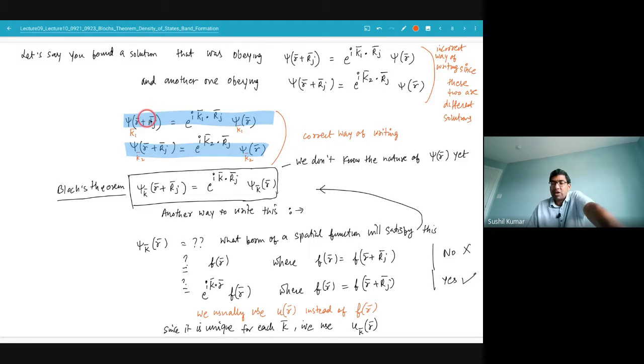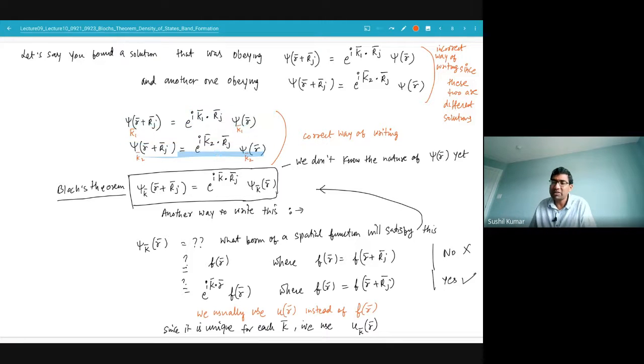Both are possible solutions to our crystal lattice problem, but they are not the same wave function. So for each k vector that we choose, we have a different solution. Those solutions are distinct. You cannot pick an arbitrary k and just say you have the same wave function.